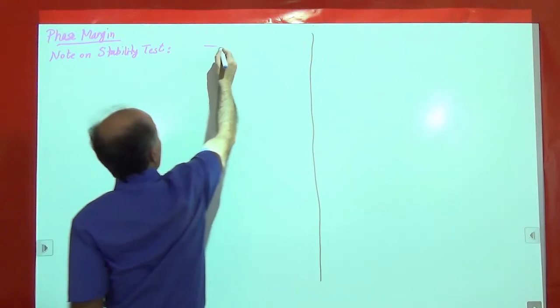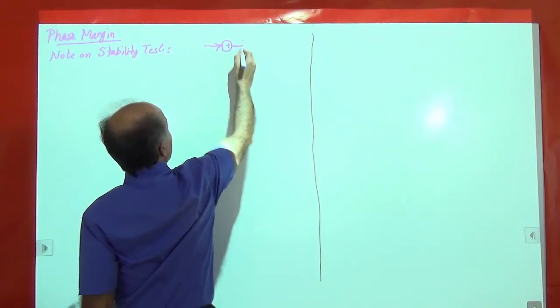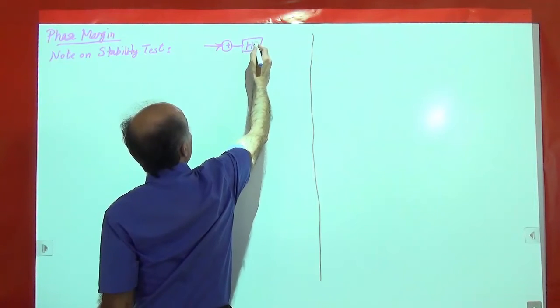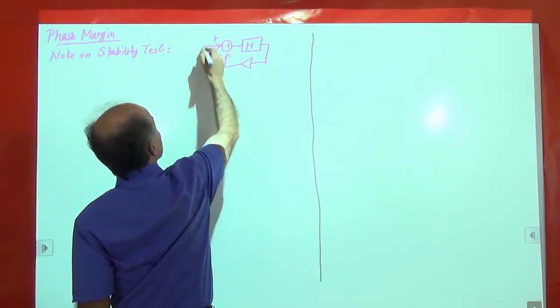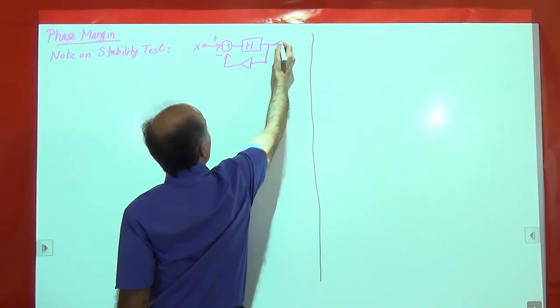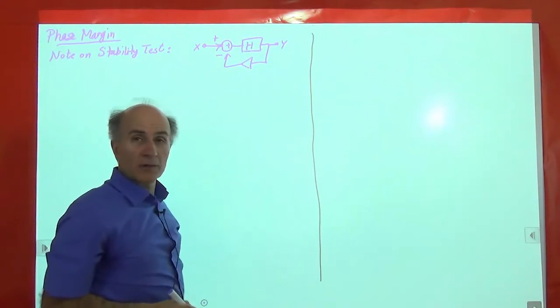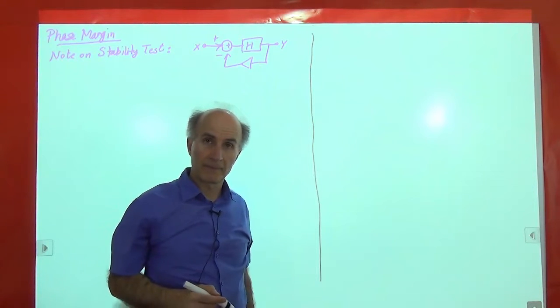So if I give you a closed loop feedback system like this, and you're not allowed to open the loop, okay? And I say, test this for stability. What do you do?